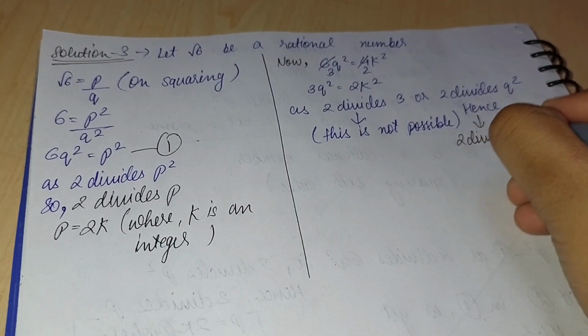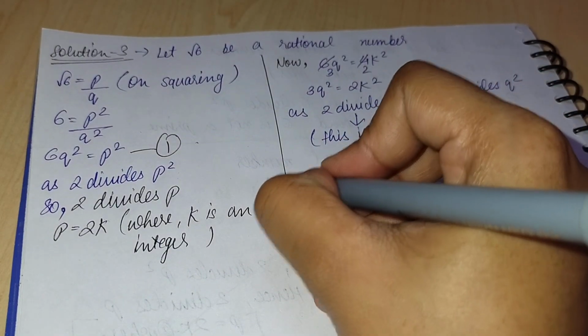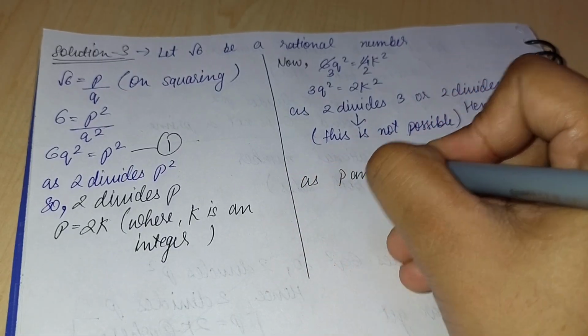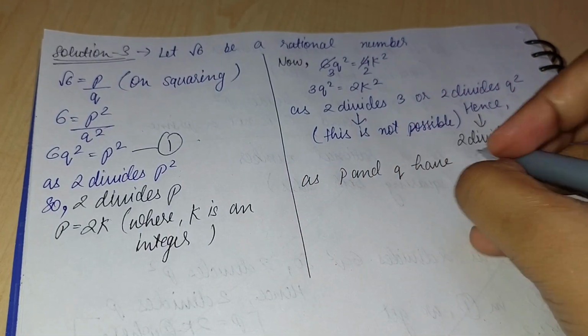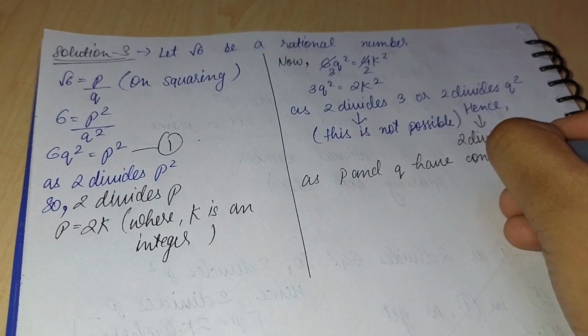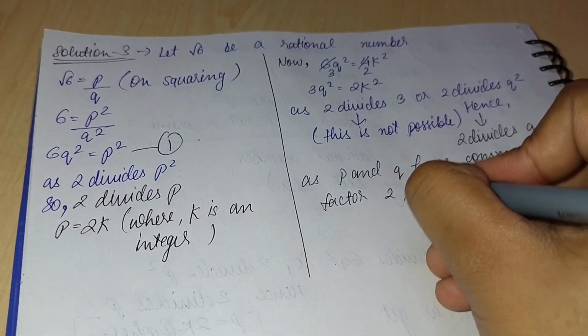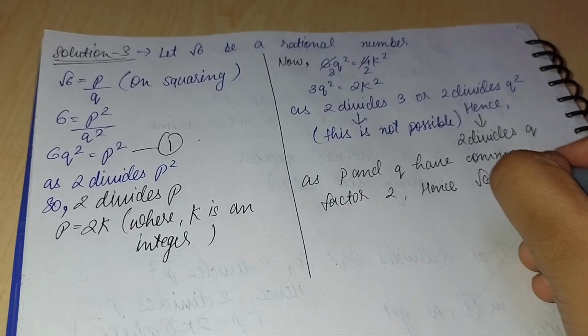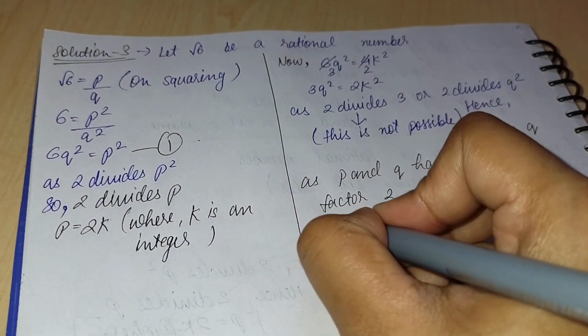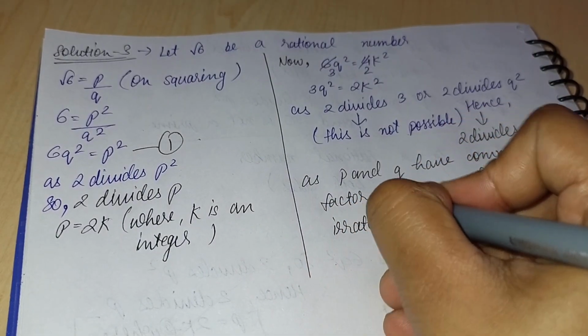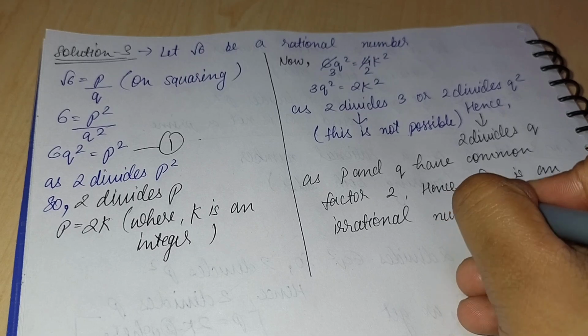So as 2 divides 3 is impossible, hence 2 will divide q square, and 2 is a prime number, so 2 divides q also. As this contradicts the fact that it has a common factor 1 in rational numbers, hence proved that under root 6 is an irrational number.